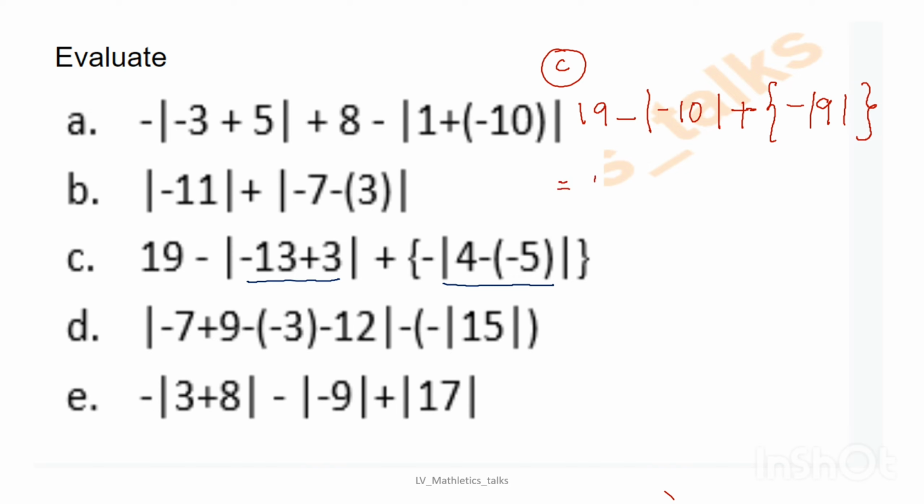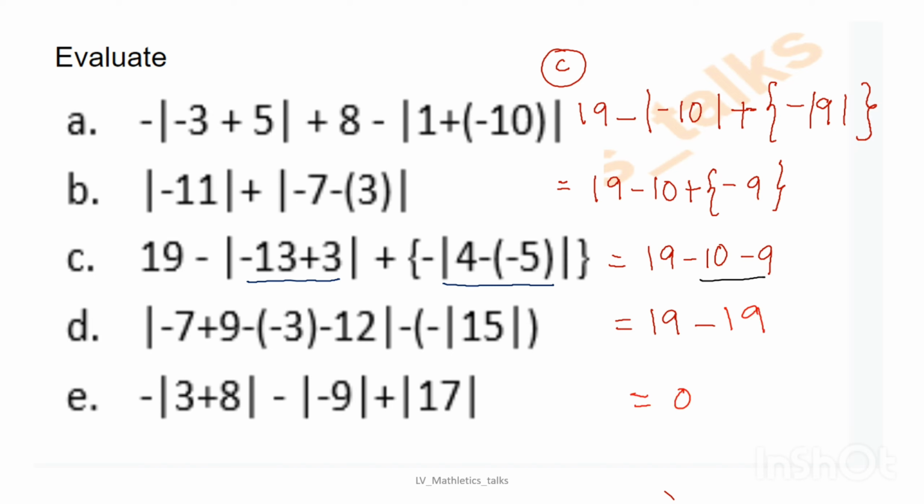So this is 19 minus, what is absolute value of minus 10? We know that it is positive 10, plus, within the bracket it is minus, absolute value of 9 is 9. So what happens here is 19 minus 10 minus 9. So this is 19 minus, these two together will give you 19. This is equal to 0.